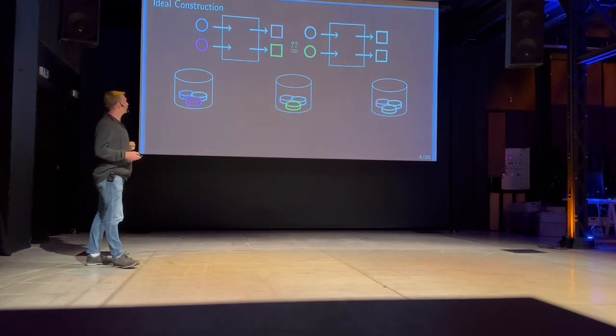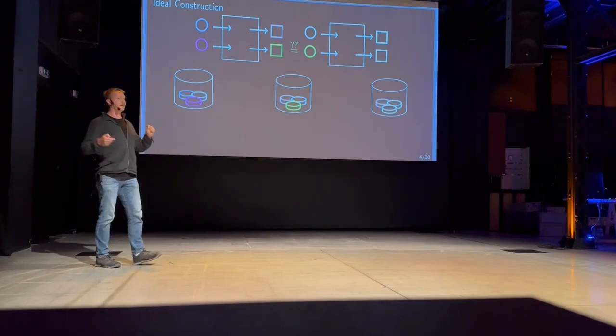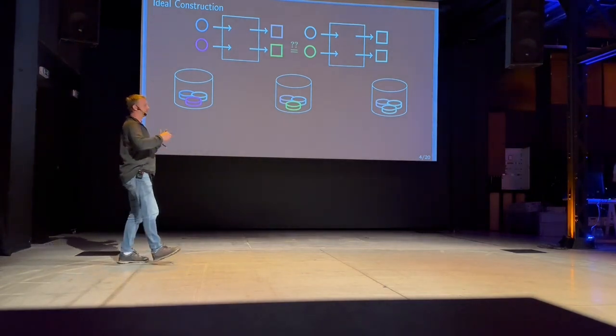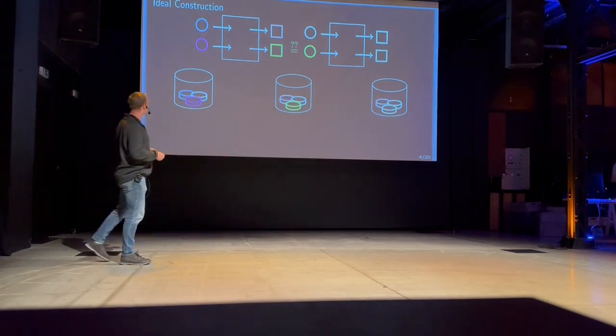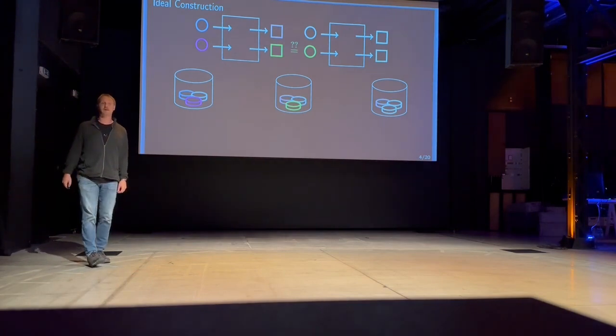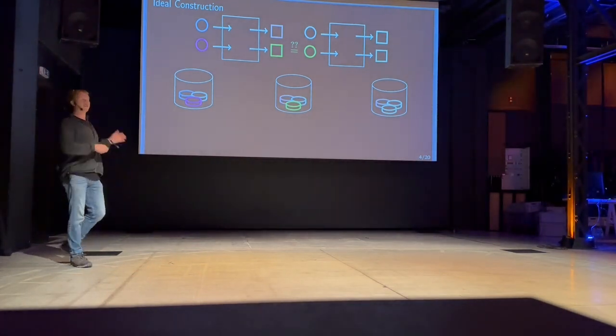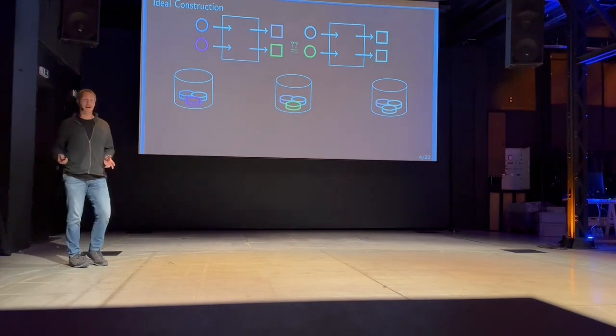So, starting from basically the same picture, let's articulate the ideal construction for achieving this. We have UTXOs in our UTXO set, but the UTXO set is opaque. So on the slide, I'm showing what's in there, but these are actually more like black boxes.